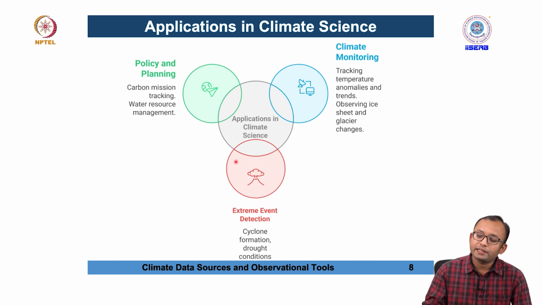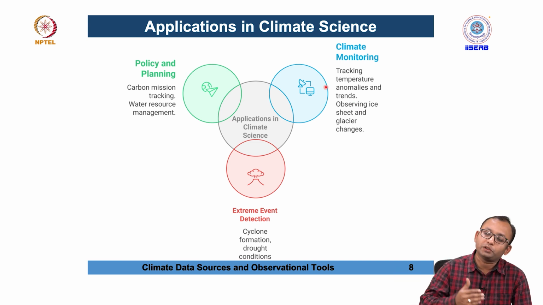Then based on that extreme event detection, we can also tell what the historical pattern is and what is likely to happen in future conditions, based on different types of data sets which we have observed.